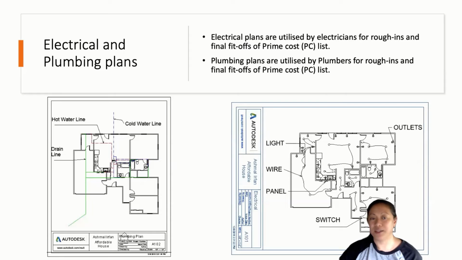Now, electrical and plumbing plans. Now, if you are looking at being a plumber or a future electrician, these plans are very necessary. They're actually designed to be utilized by trades, electricians and plumbers, to look at the final fit-offs and the rough ends and also the prime cost list.